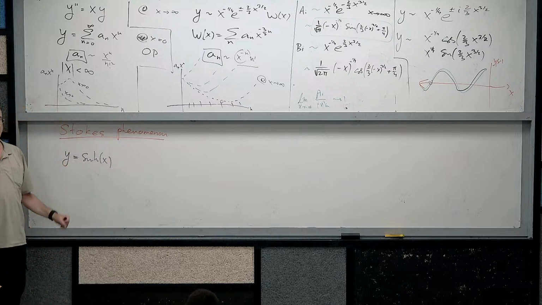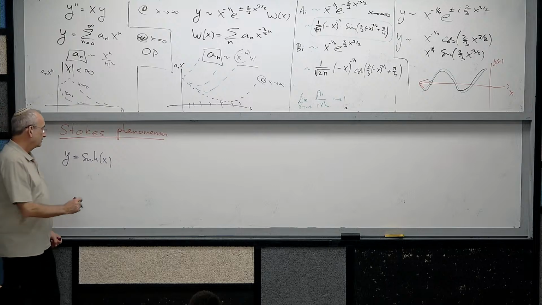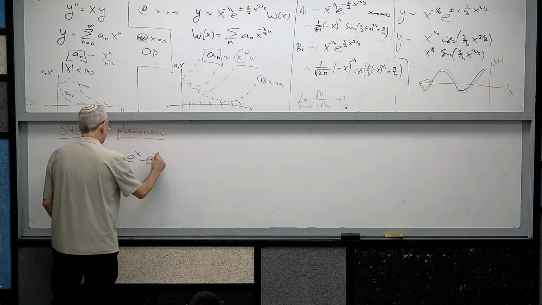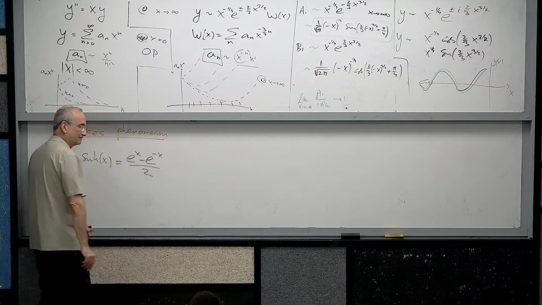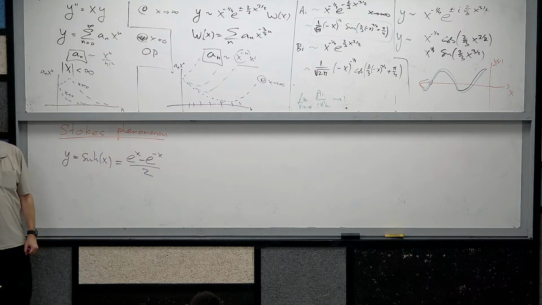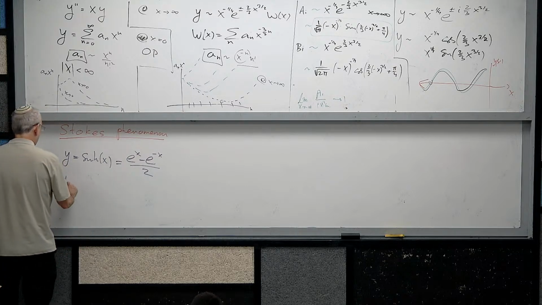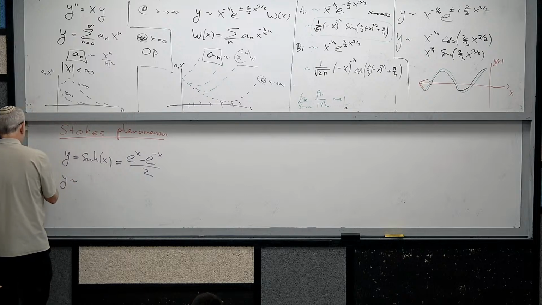Can you remind me how to define this in a more elementary manner? Exponential. Sinh of x is e to the x minus e to the minus x, divided by 2. Now I'm asking you, what is the asymptotic behavior of y as x goes to infinity?